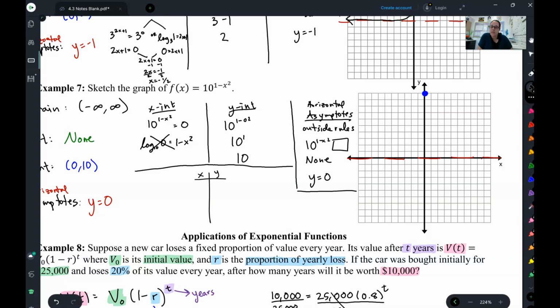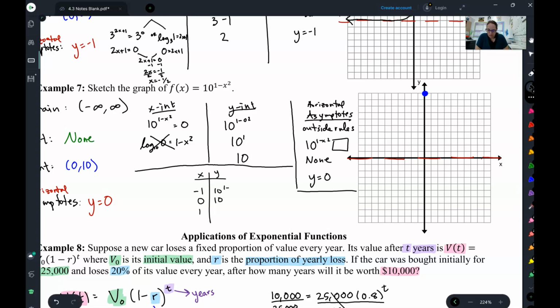Plug x values in, get y values out, and plot them as a point. Honestly, you can do this for any graph you want. You can always plug points into a t-table and then graph them and connect the dots. So we already know that if x is 0, my y value is 10. So let's go on either side of that and plug in negative 1 and positive 1.